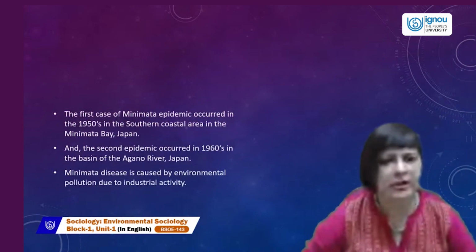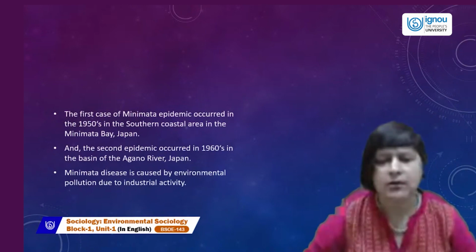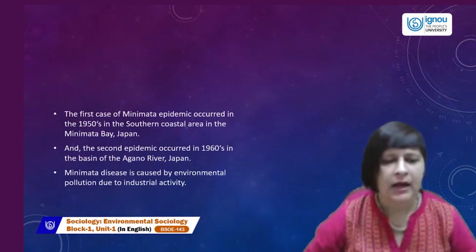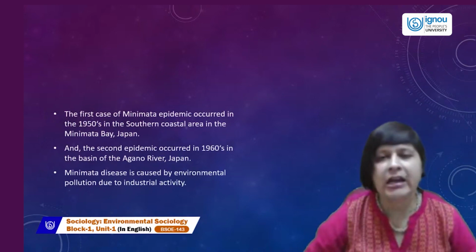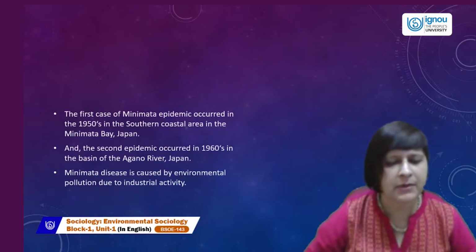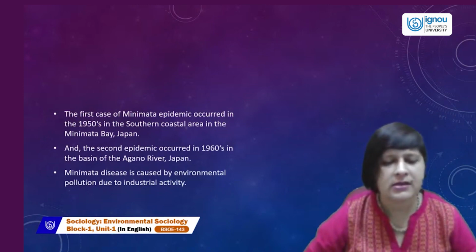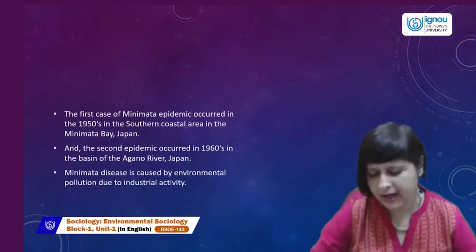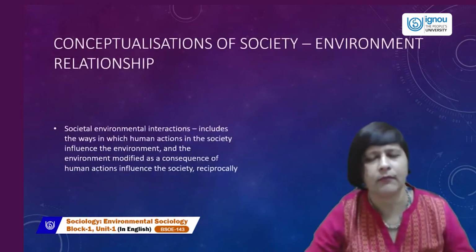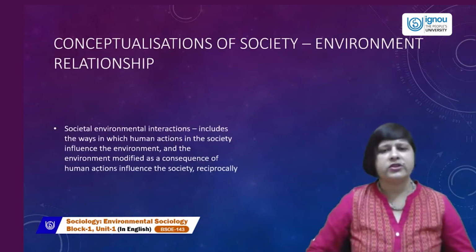The first case of Minamata epidemic occurred in the 1950s in the southern coastal area in Minamata Bay, Japan, and the second epidemic occurred in the 1960s in the basin of the Agano River, Japan. Minamata disease is caused by environmental pollution due to industrial activity.